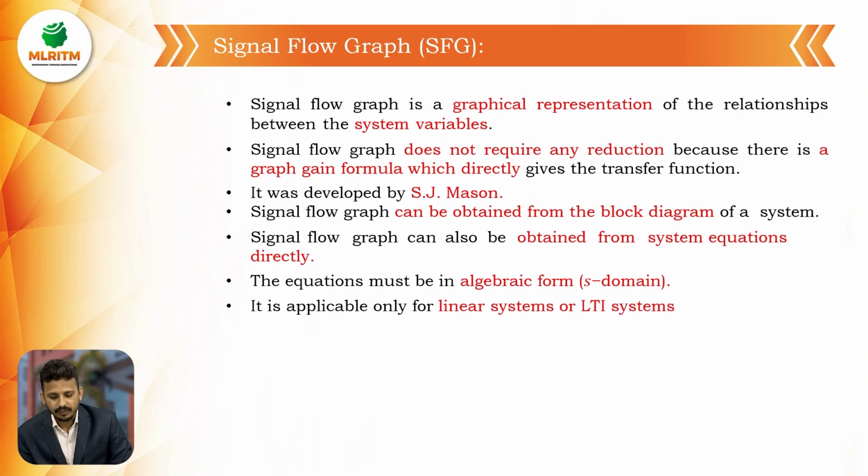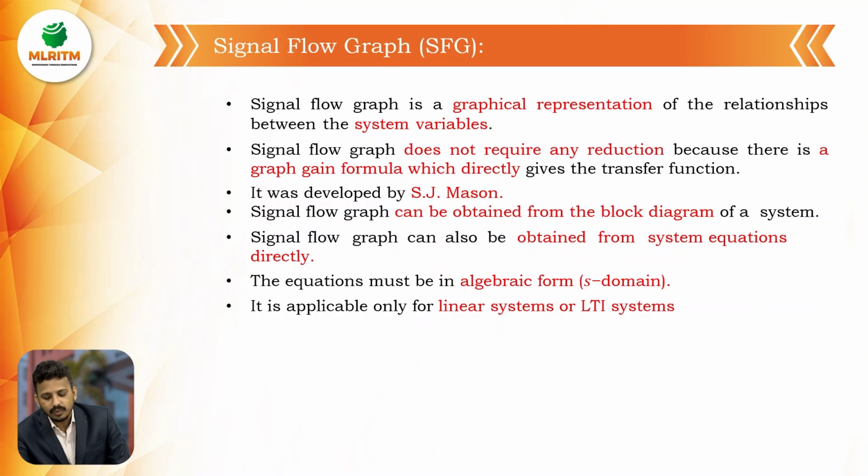So a signal flow graph is a graphical representation of the relationship between the system variables. The signal flow graph does not require any reduction because there is a graph gain formula which directly gives the transfer function. It was developed by Dr. S.J. Mason.